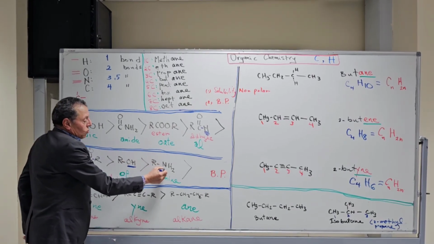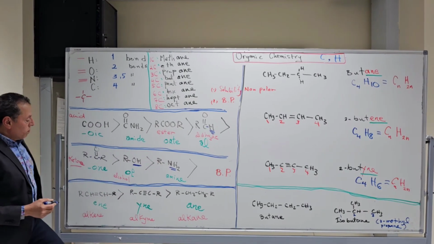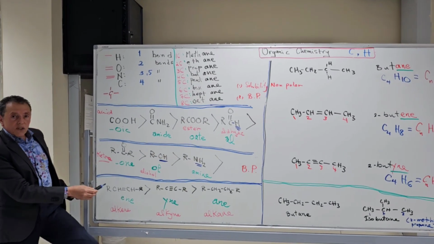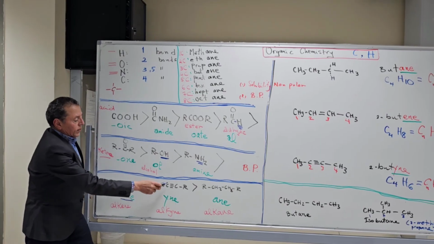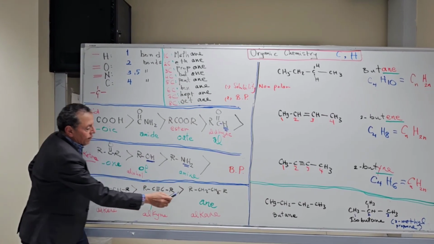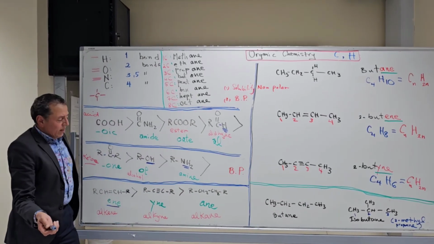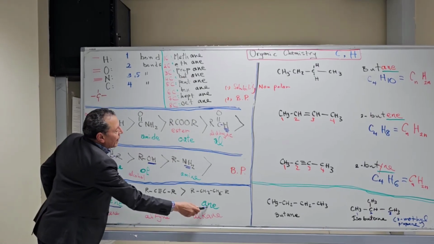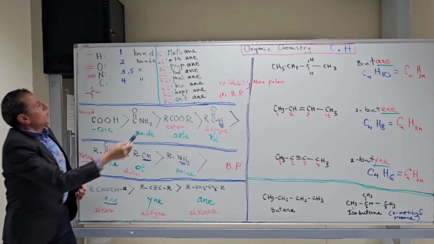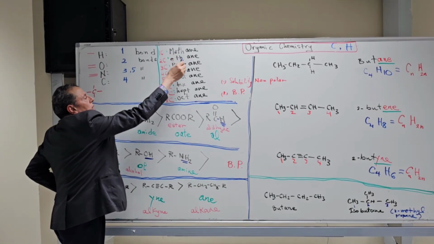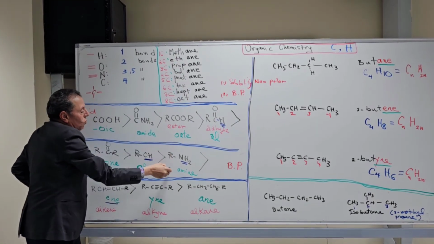If it is NH2, it means an amine group. What about if it contains a double bond? Then it is ene. If it has a triple bond, yne. If there is no double or triple bond, it is ane, like here. So what is the difference between these groups and this group?